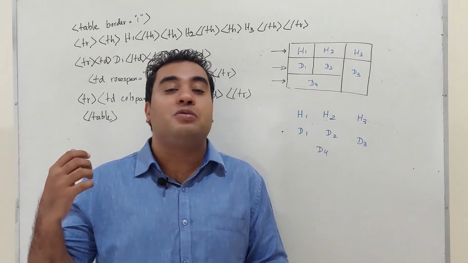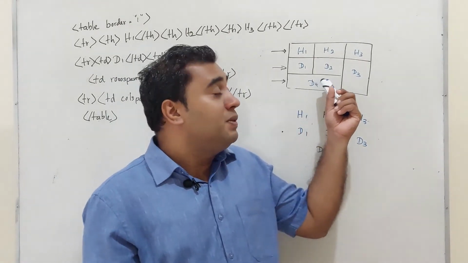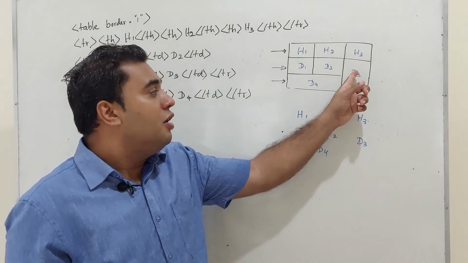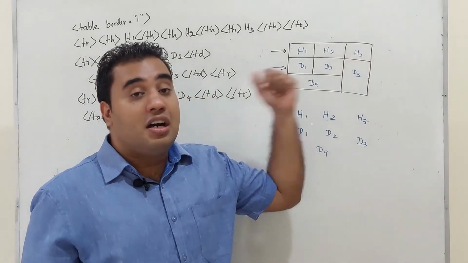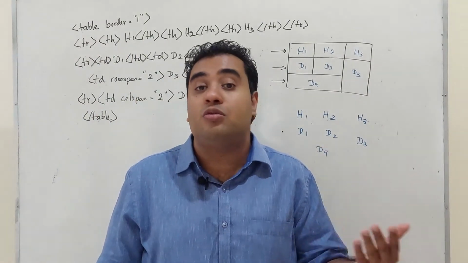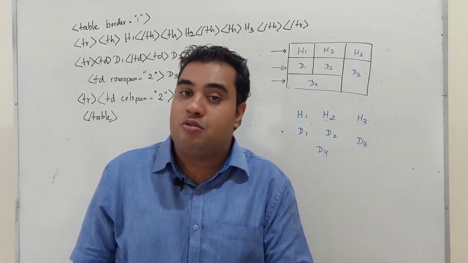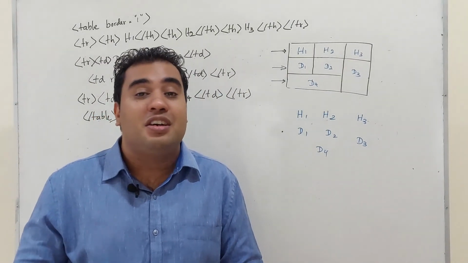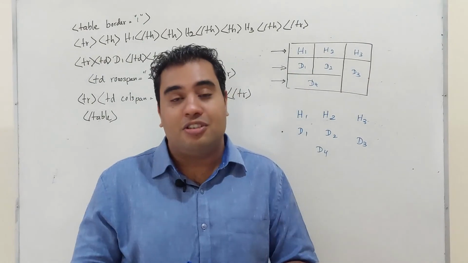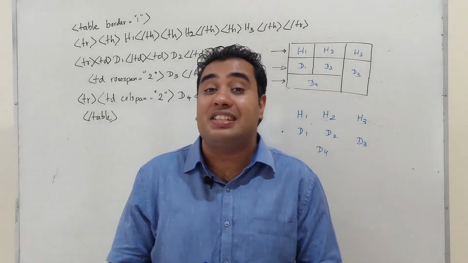There we discussed how to insert a table in HTML, and especially you have to remember how to create a cell which has spanned over 2 or more rows and a cell which has spanned over 2 or more columns. There we used the attributes rowspan and colspan. Hope you understood what we learned in this lesson.